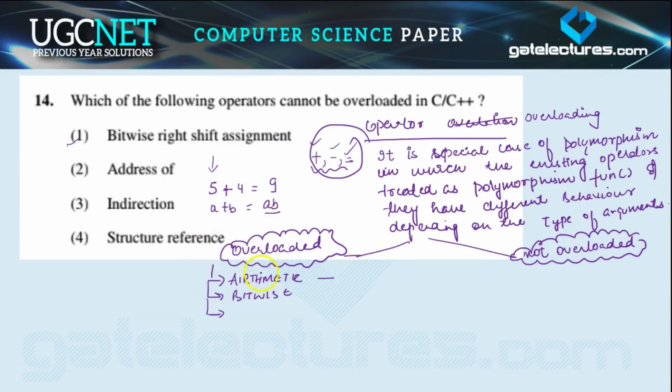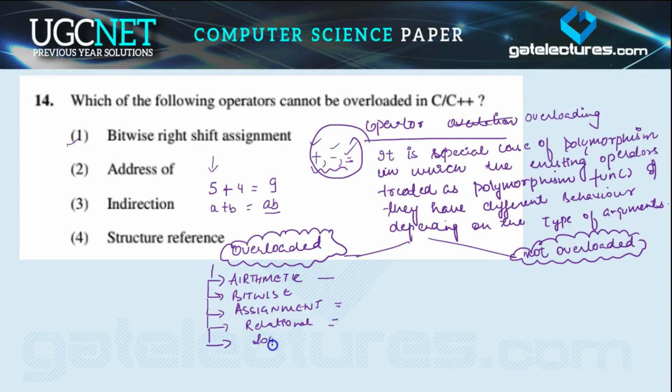Now the next one is assignment. All kinds of assignments are overloaded. The next one is relational operations, like equal to, not equal to, less than, greater than. All are overloaded.